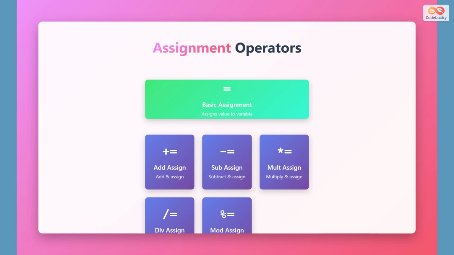For example, the add and assign operator, represented by a plus symbol followed by an equals symbol, adds the value on the right to the variable on the left and assigns the result back to the variable. Similarly, the subtract and assign operator, multiply and assign operator, divide and assign operator, and modulus and assign operator perform the corresponding arithmetic operation and assignment.